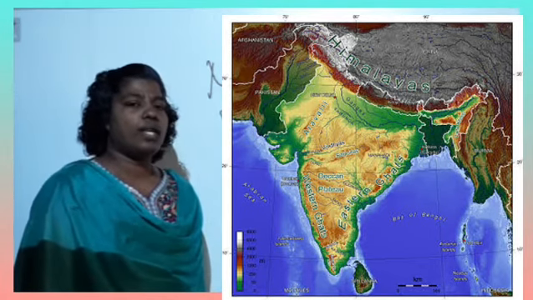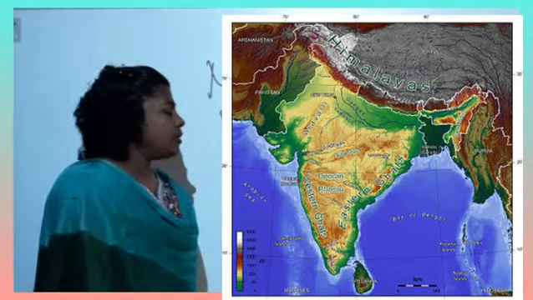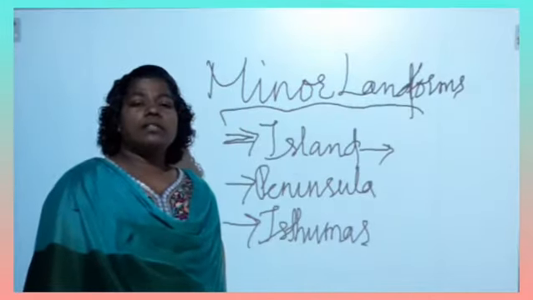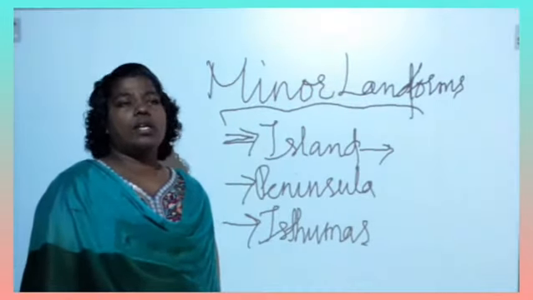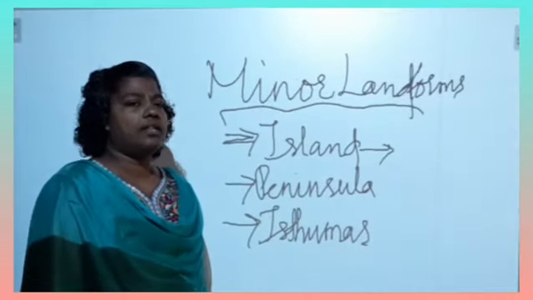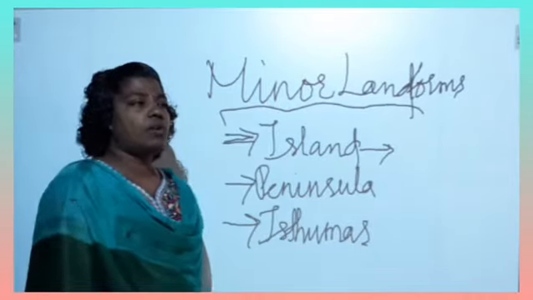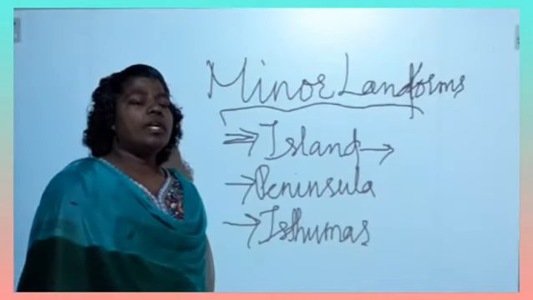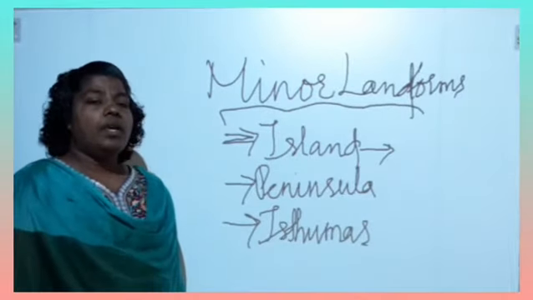India is a peninsular country. It is equal to a continent, so India is also considered as a subcontinent. India and the neighboring countries are considered a subcontinent because it has all the natures of a continent.